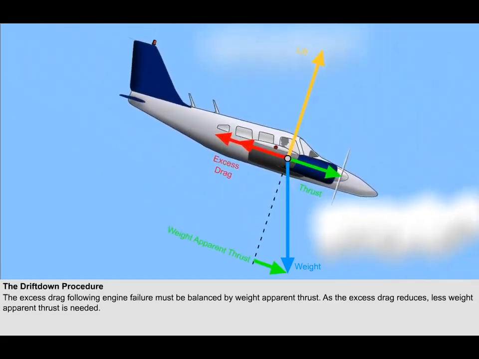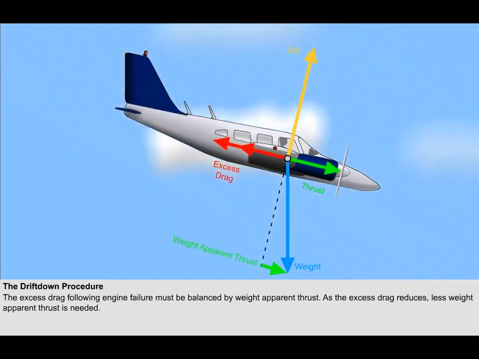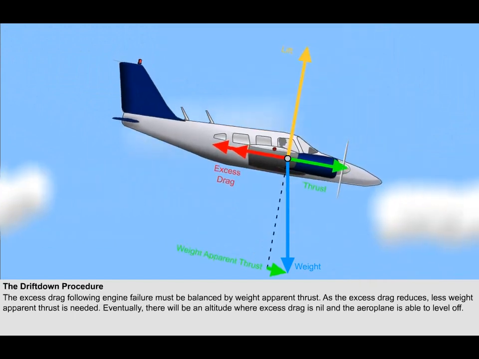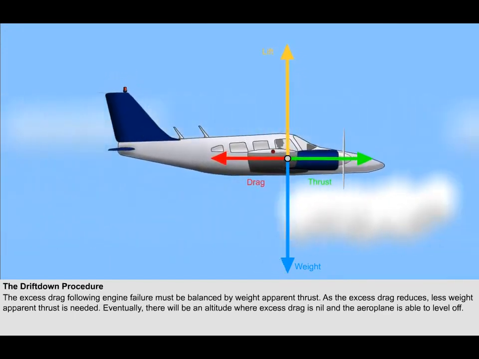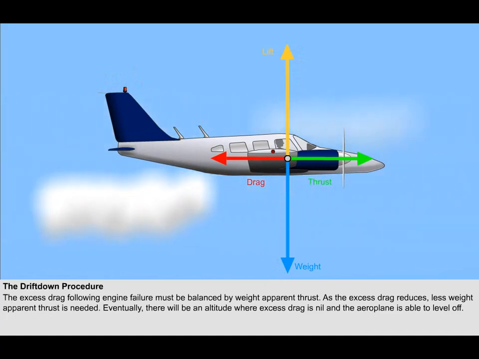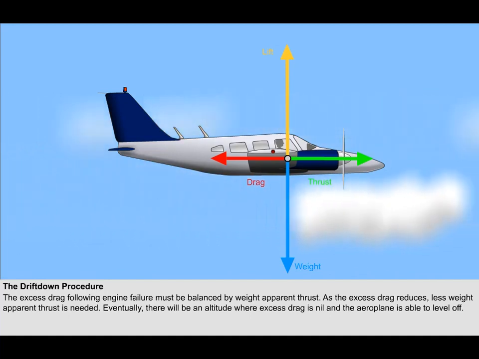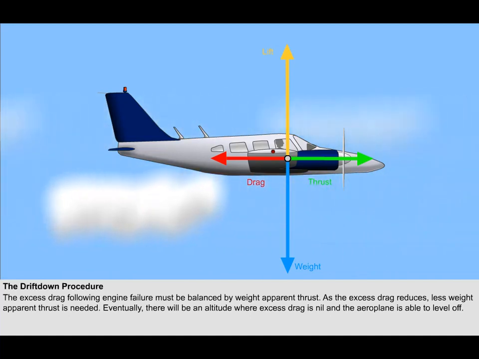To reduce the amount of weight-apparent thrust, the nose is raised a little. This process can continue until the remaining engine generates sufficient thrust to balance the drag without any need for weight-apparent thrust. At the altitude where this balance occurs, the aeroplane is able to level off.